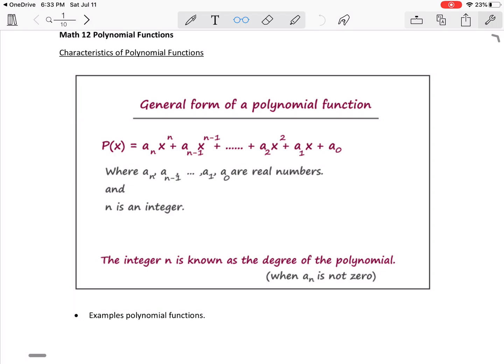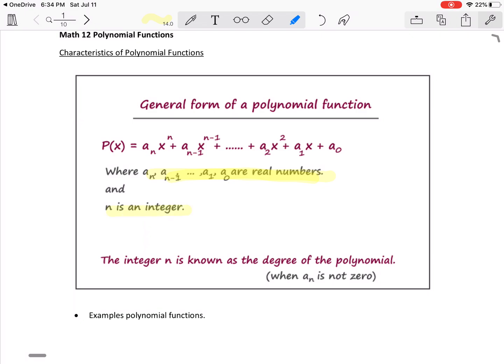So poly simply means many. And so a polynomial function is given in the format where you have a coefficient that has to be a real number. So that's what we call a. So it's a, and then you have the variable, which could be x, and an exponent that has to be an integer.